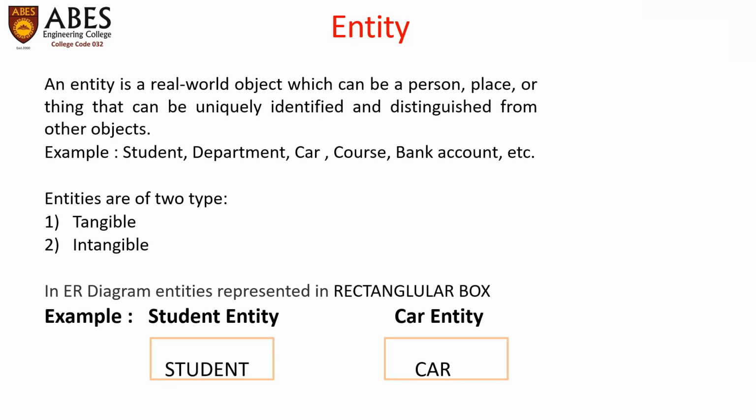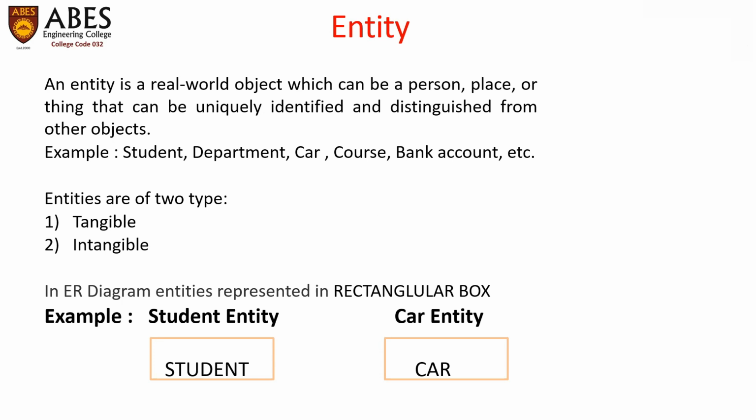First of all, what actually is an entity? An entity is any real world object which can have physical existence or conceptual existence. For example, a student has a physical existence. Similarly, a car has physical existence.